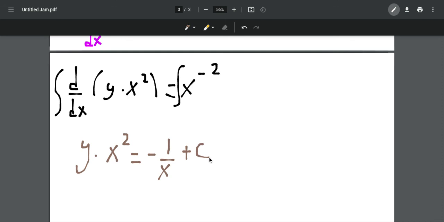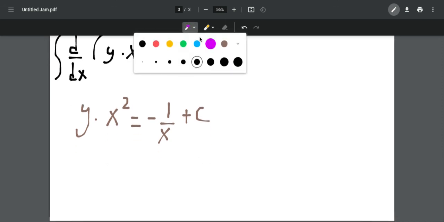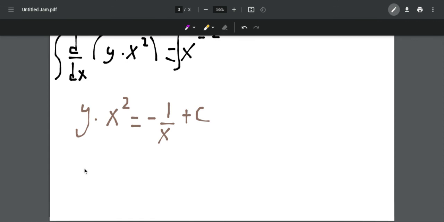Because we want to solve for y, we divide both sides by x squared. We get y, which is x squared divided into the whole thing.